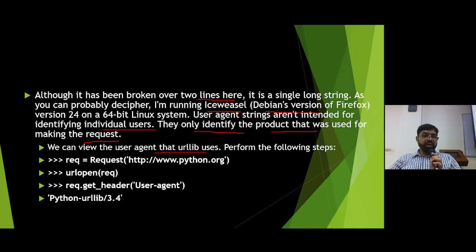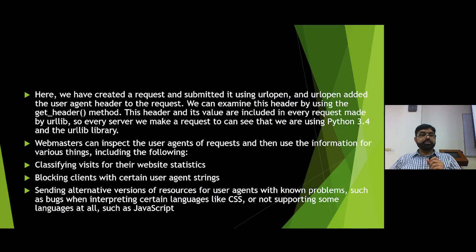So we can view the user agent that urllib uses. What is urllib? This is a Python package. For the request, we just generated python.org, urlopen, request, get_header, User-agent. Now we get our Python-urllib/3.4.